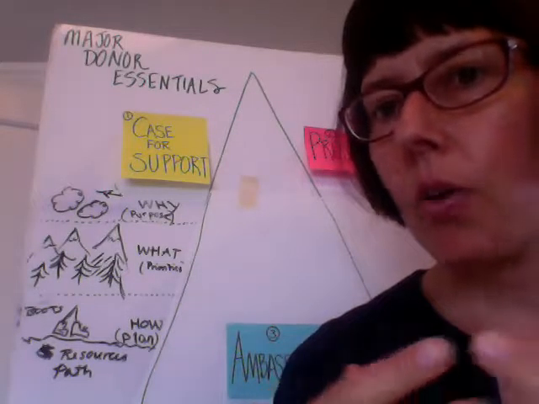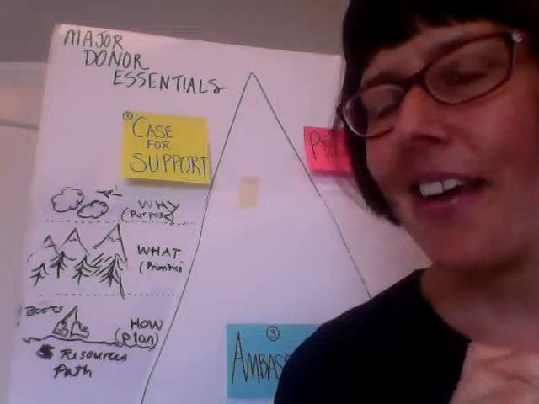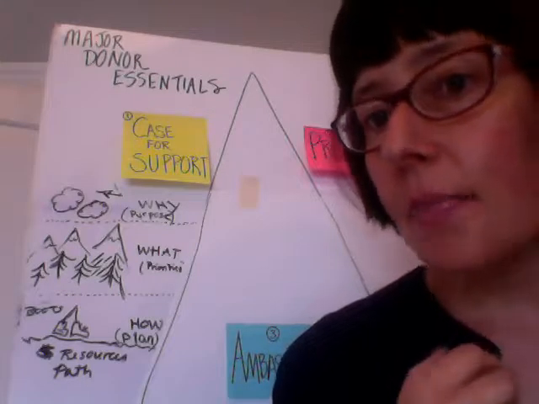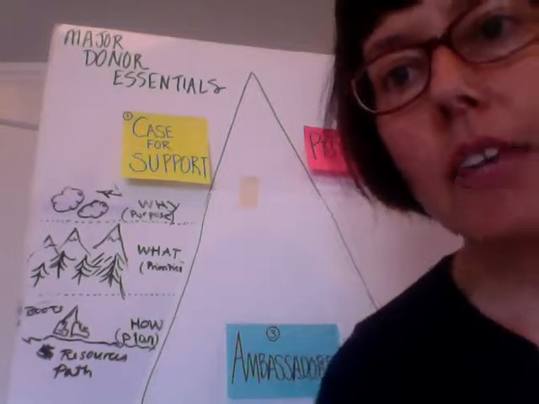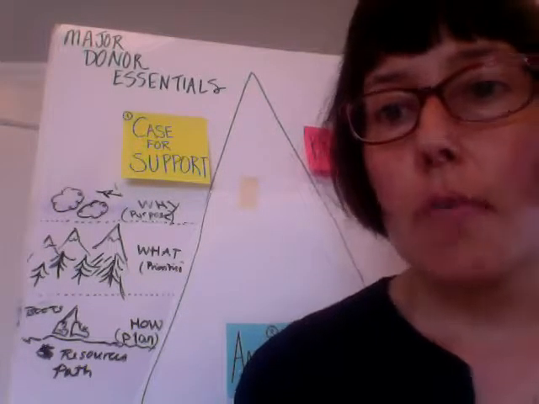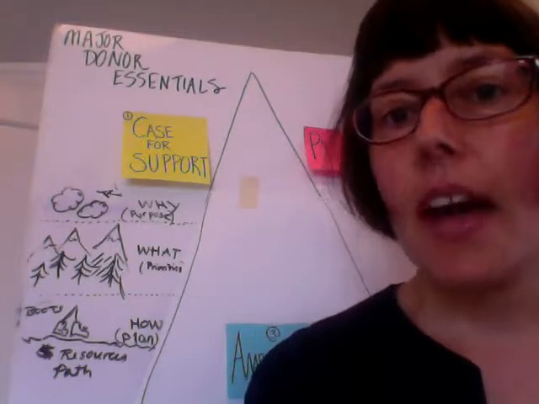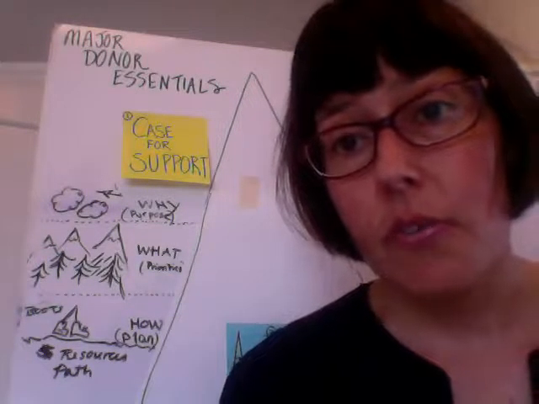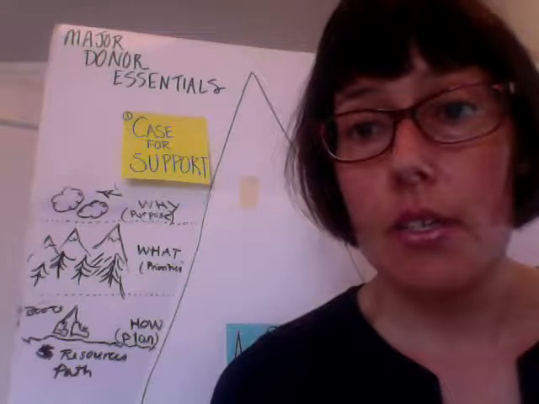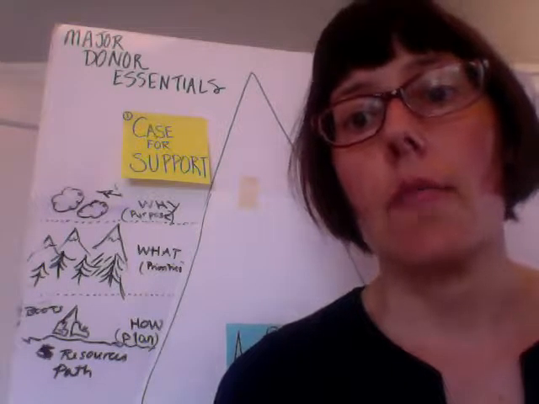Where are you going? Where would you like to be? This part is actually really emotional. A lot of people give from emotion. And so at this level, you may be talking about stories of your clients and the people that you serve or the leaders that are in your organization, if you're part of a movement.